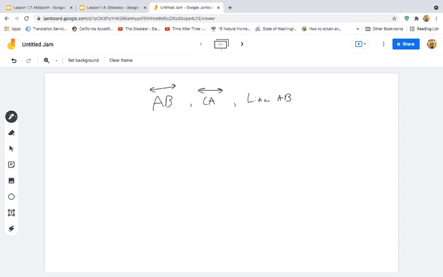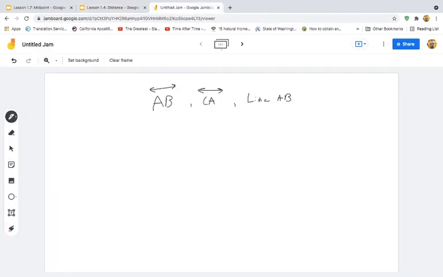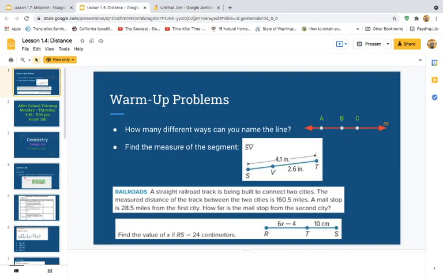And the last way is you notice that we have the orange M over here, right? That M is supposed to denote the whole line. So this is the second main way we learned about. We can just call it line M because of the little italics looking M that's hanging out on the edge of the line.